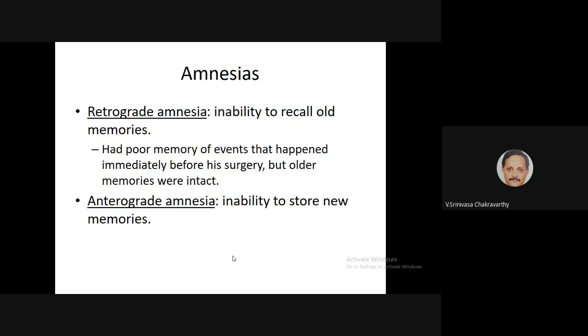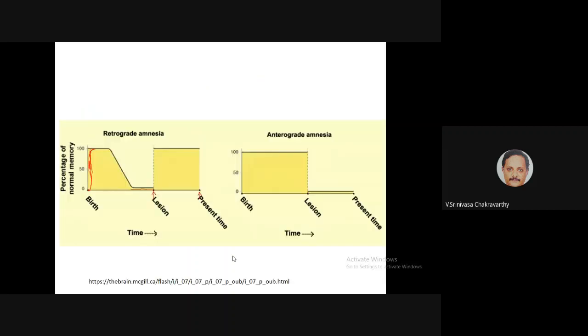HM had two kinds of amnesia or memory loss. One is retrograde amnesia, where he had trouble memorizing or recalling events that happened immediately before surgery, but older memories were intact. Anterograde amnesia means inability to store new memories.